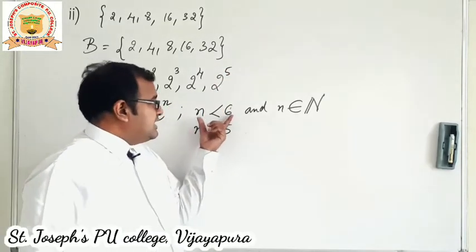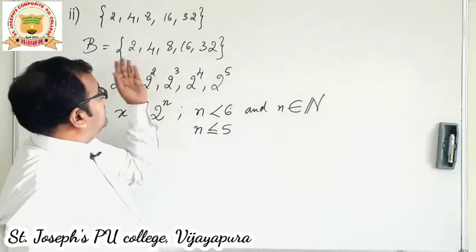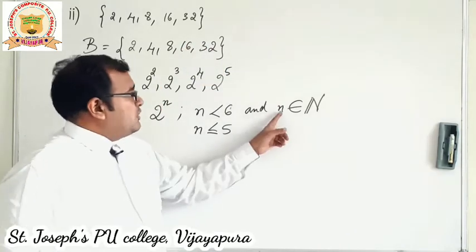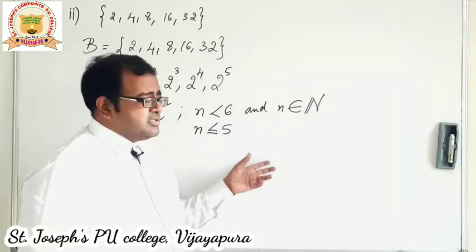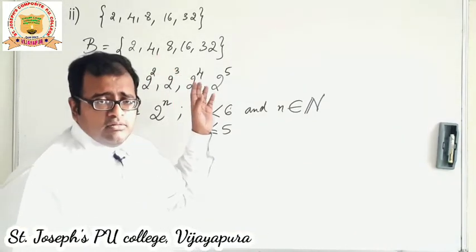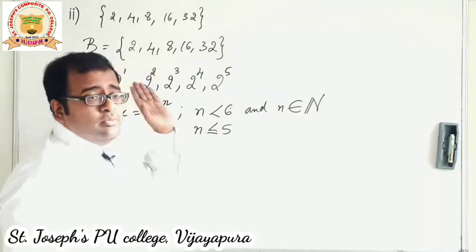If you write less than 10, then more numbers would be added. If I don't write n belongs to natural numbers and take any other set, for example integers, I will have more answers here. If I take real numbers or rational numbers, I will get innumerable answers.